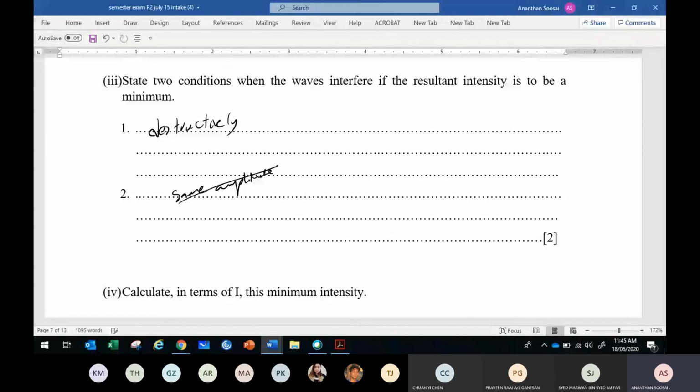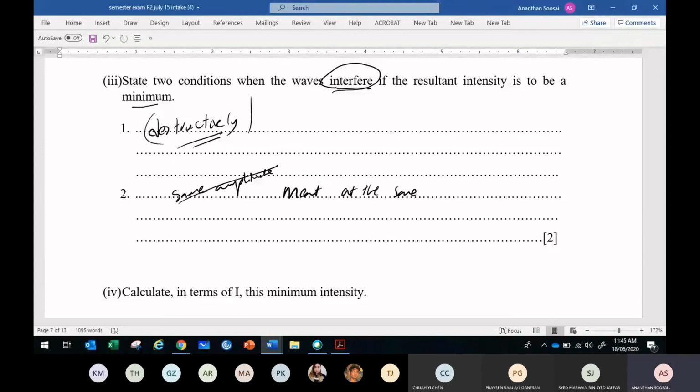They talk about what is the condition to interfere. The answer given is the condition to interfere. Yes, they must meet at the same point, the basic idea of interference. And to make a minimum, because they specify a minimum, I believe you must say it meets up destructively.